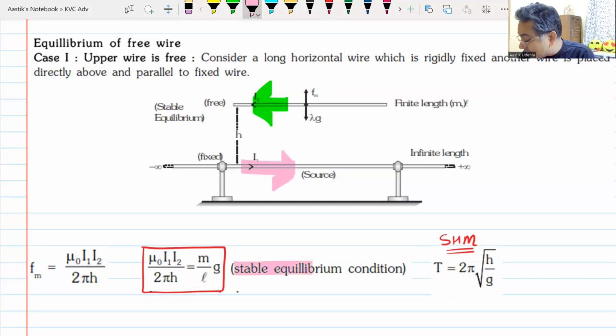Remember, this type of equilibrium, when the upper wire is free and the lower wire is fixed, is stable equilibrium. Do we understand this? Yes, sir. Because if you move it downwards, the force will increase and it will try to push it upwards. Therefore, it is in stable equilibrium. Understood, sir.